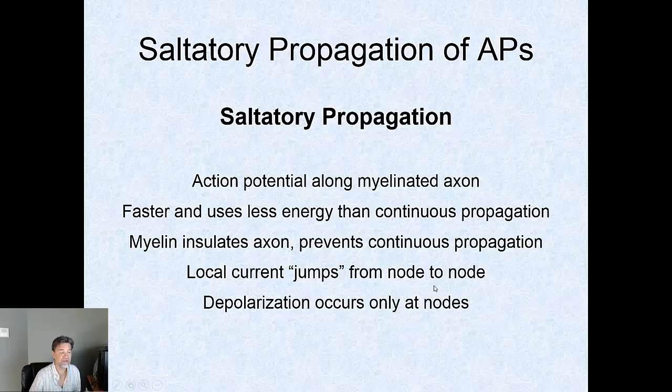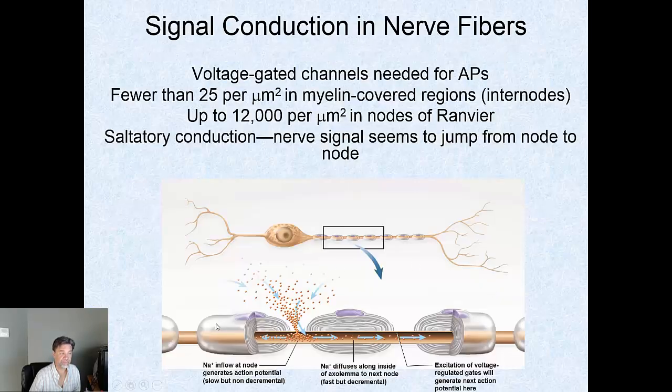So the current's going to jump from node to node, and only in these places does any depolarization occur. So nothing is happening in between the nodes to resustain the action potential movement. Here are our individual cells, say a Schwann cell right here. Here is a node of Ranvier. The density of sodium voltage-gated channels and potassium voltage-gated channels is incredibly high, higher than anywhere else in the human body.